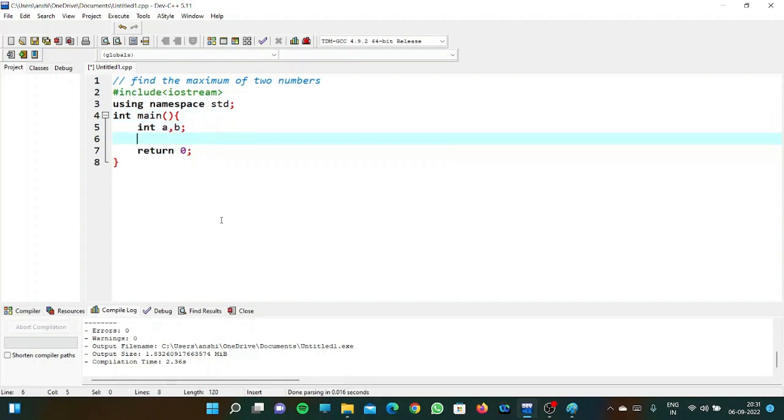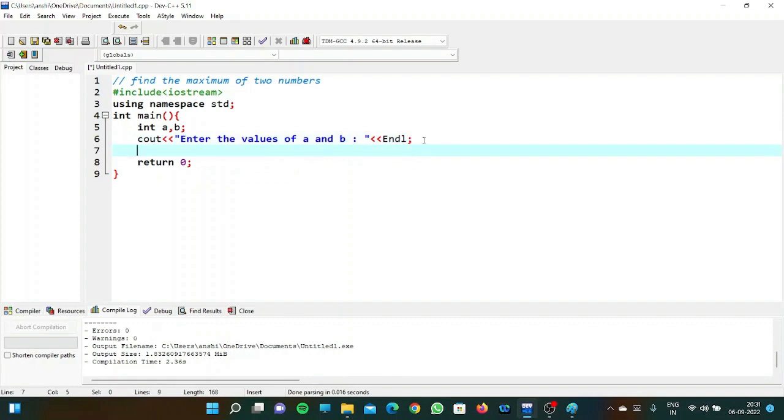Since we have to find the maximum between two numbers, we are initializing two variables of integer type, right? That means they will hold an integer value. Now we'll cout a statement, that is, enter the values of a and b.